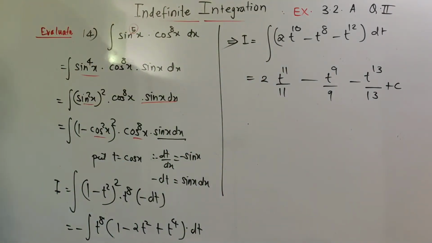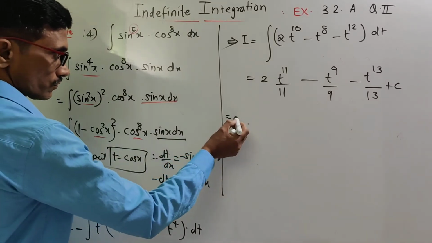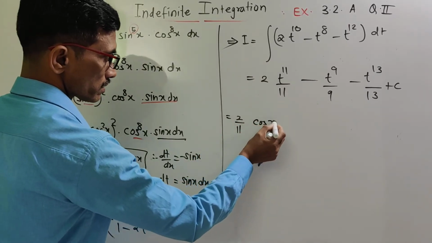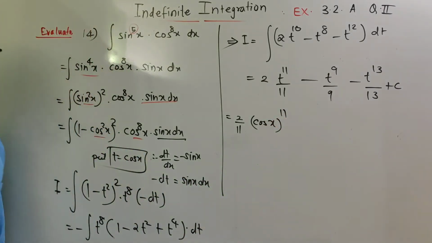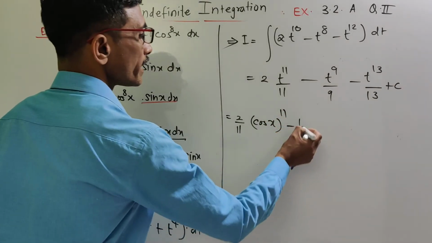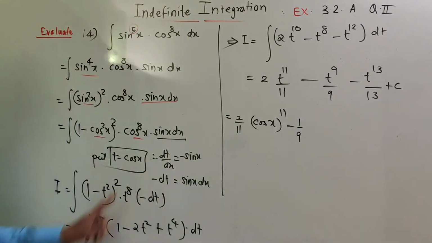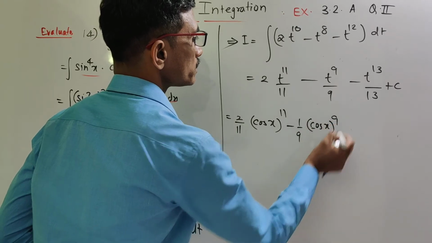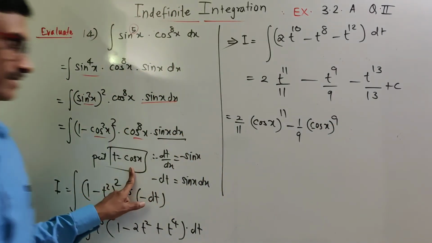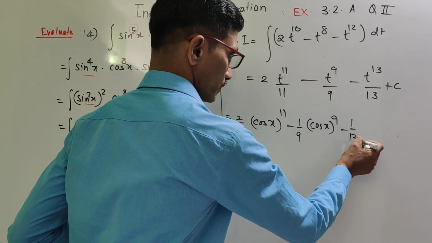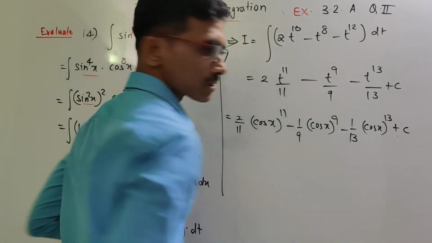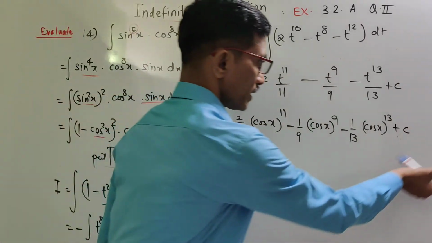But t is cos x, so we write 1 by 11 cos x raised to power 11, then minus 1 by 9 cos x raised to power 9. See, the answer provided in the textbook is wrong. Minus 1 upon 13 cos x raised to power 13 plus constant of integration. So this will be our complete answer.